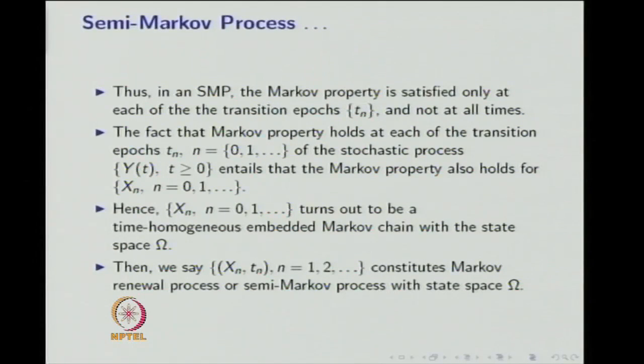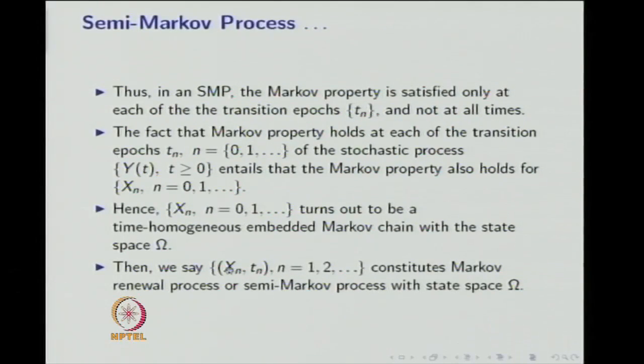Now, we can say X of n comma T of n constitute a Markov renewal process or semi-Markov process with the state space omega. Xn is an embedded Markov chain where Xn is Y of Tn and Tn is nothing but the transition time instance.